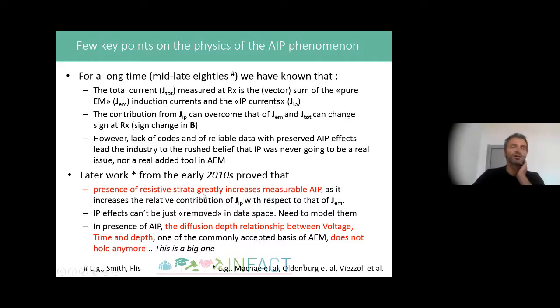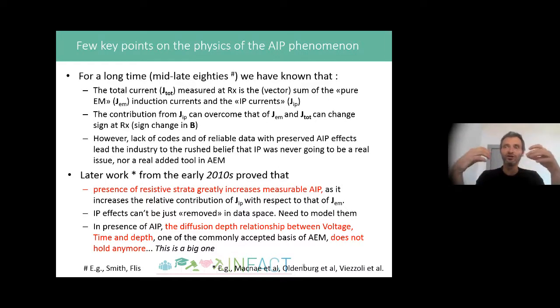Whereas if you actually put a resistive basement below something conductive and chargeable, that will make your measurable IP effect in the airborne EM data explode. I'll show you what that is. The very simple concept is that what you measure in the receiver is the summation of the secondary field that comes from the eddy currents and from the IP currents.